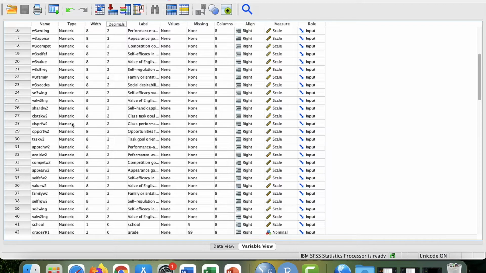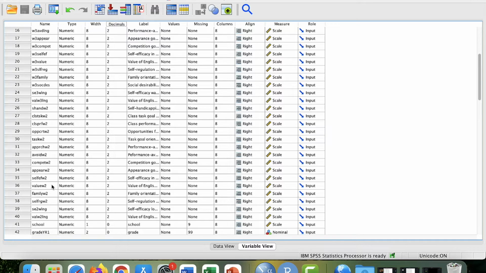So let's take a look at a couple of these variables. This one, value wave 2, is in the spring of the first year of the study. What I'm looking at here is how much students say that they value their work in their English class.